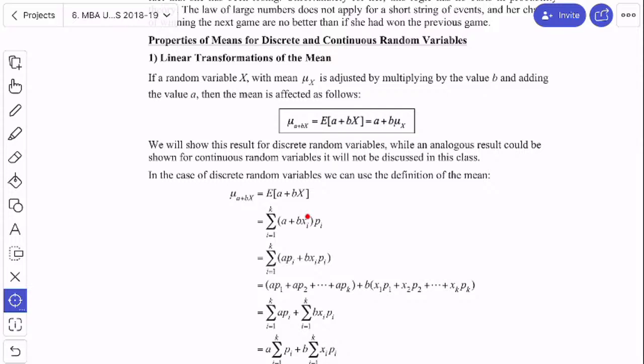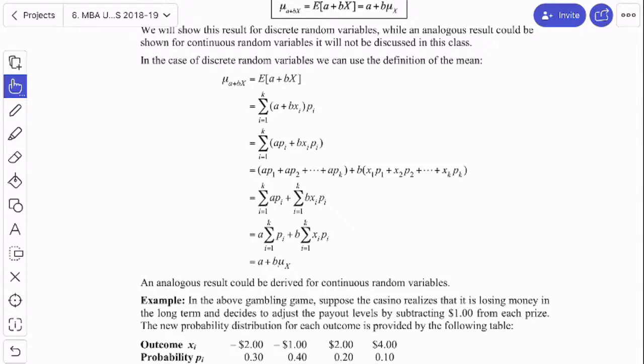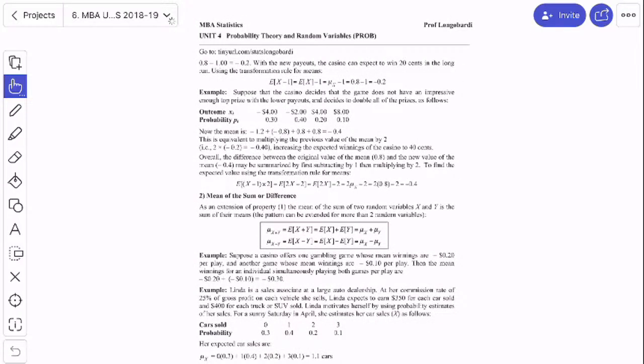So whatever I do to x, I do to the mean is going to be the conclusion. So I put it into this formula and I move things around and I demonstrate exactly that. This is the treatment of x, and it should be the treatment of the means. So I derive them here, but all you really need are the results.